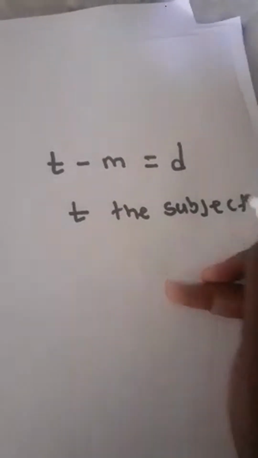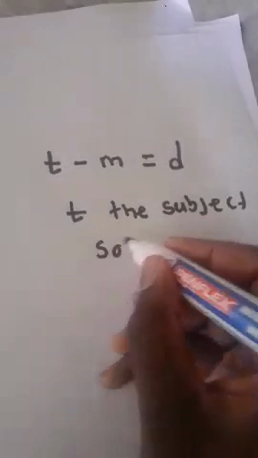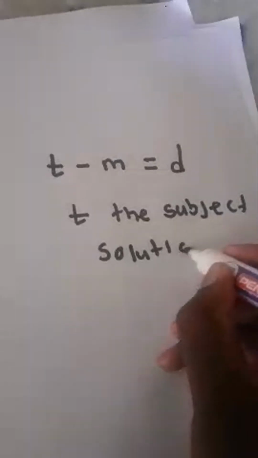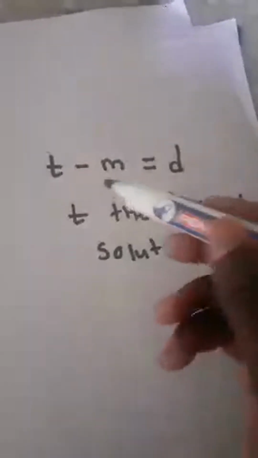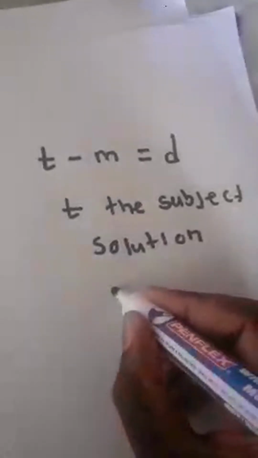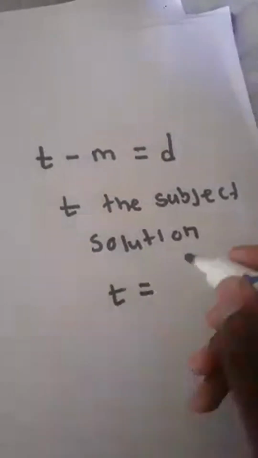Okay, so it's very simple. Solution. We want to make T the subject of the formula, so we want to leave T on one side alone without any number or letter. So what are we going to do? We are going to say T is equal to, right?